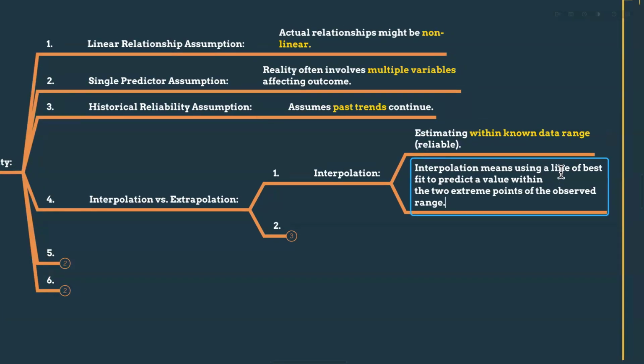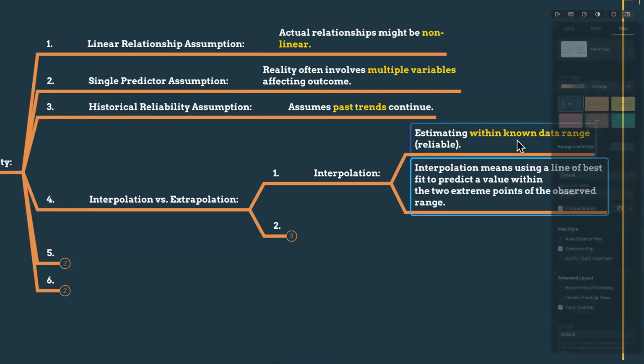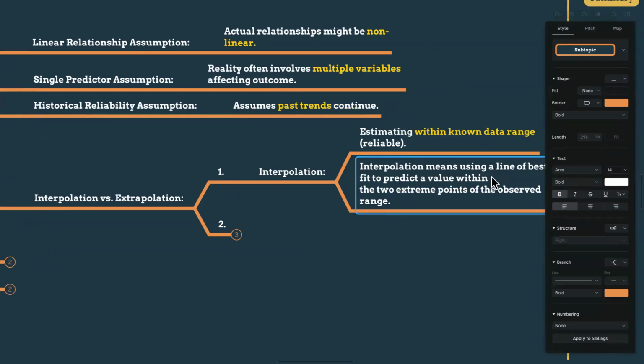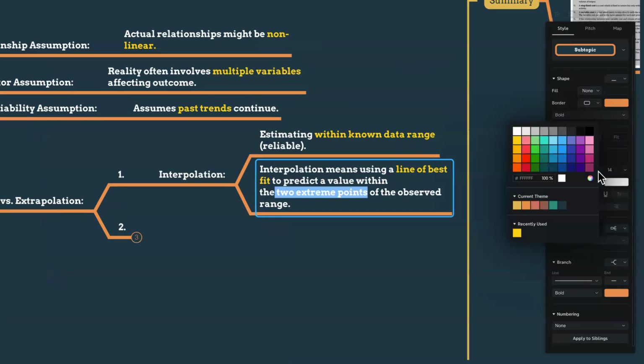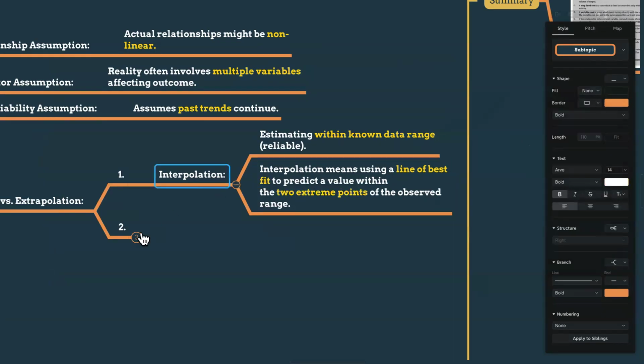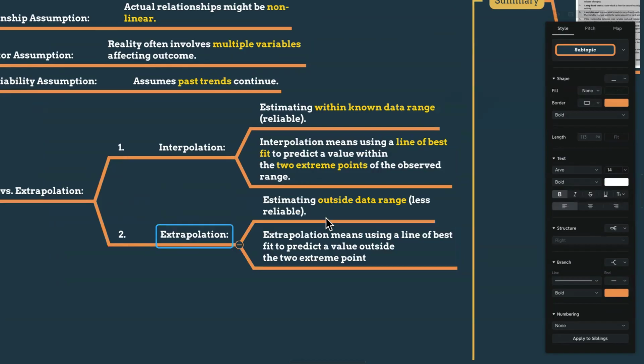So interpolation means using a line of best fit, this is an important word, okay, a line of best fit, to predict a value within the two extreme points of the observed range. That is interpolation. But extrapolation means estimating outside the data range, which is less reliable.